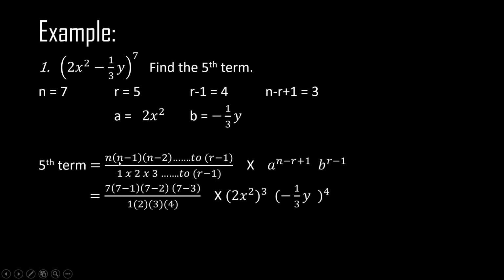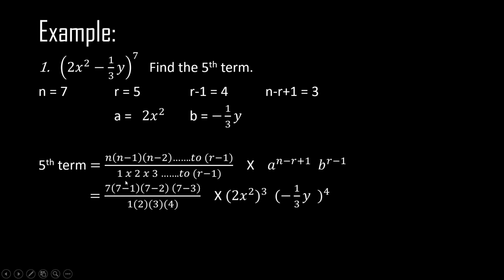We substitute the value of n, which is 7. This means that we will have the number of terms here depending on the result of r minus 1. Here we have r minus 1 equal to 4, so we must have 4 terms here: 7, and here 6, and here 5, and here 4. That's how it works.